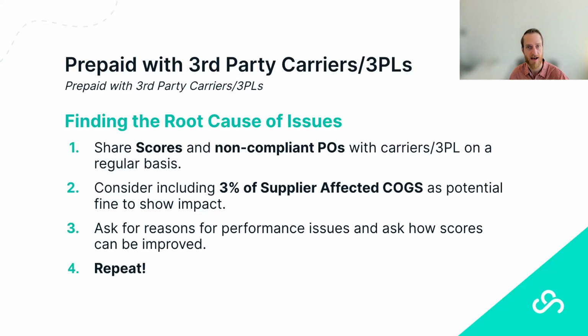Or if it's a month that has not yet been fined, you can take the supplier affected COGS, take 3% of that, and that's your projected fine. So you can also show them in real time what's projected, to give them a recent snapshot of poor performance or POs that didn't meet the requirements and the dollar impact on those POs.